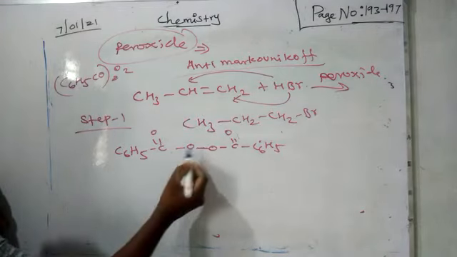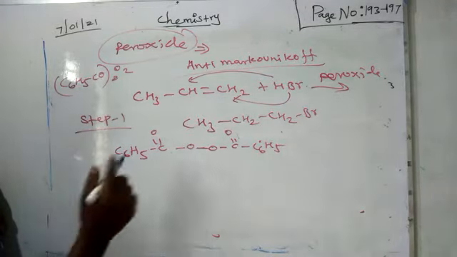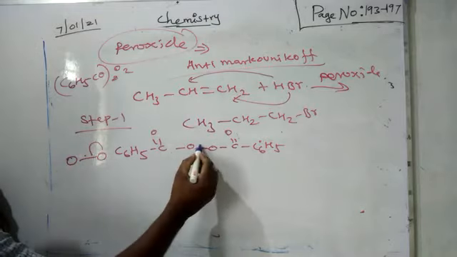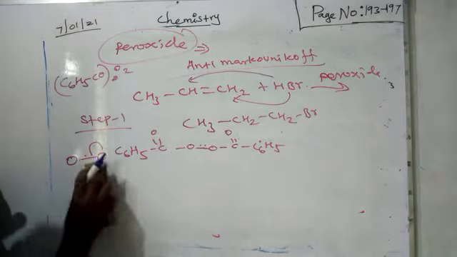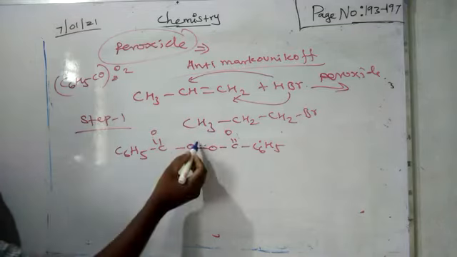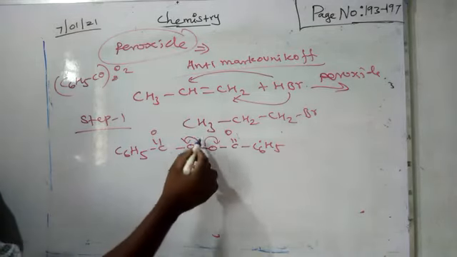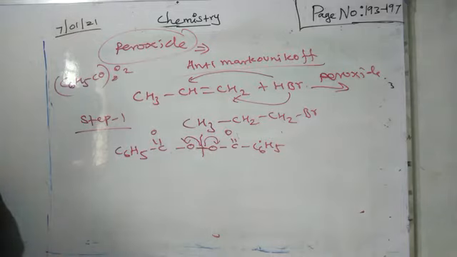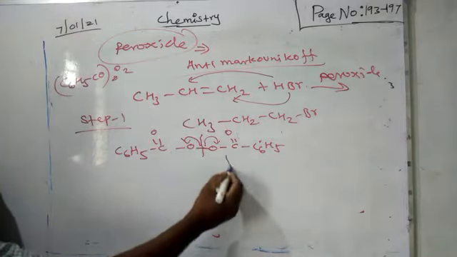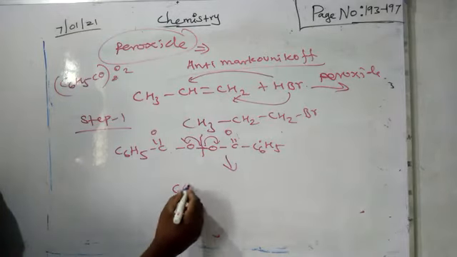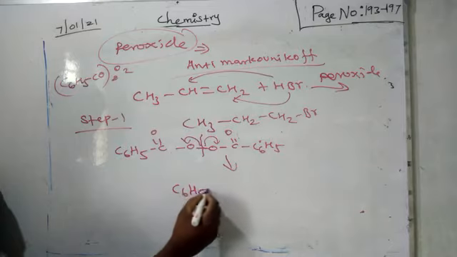Now this bond will undergo cleavage, because the oxygen bond is always a weak bond. So this bond carries 2 electrons. The 2 electrons will undergo mutual homolytic cleavage. Because of homolytic cleavage, it will form peroxide compound. See, first it will form free radical compound.